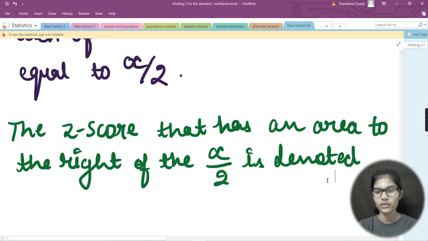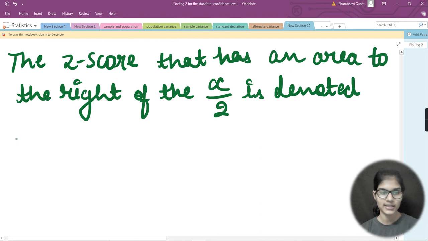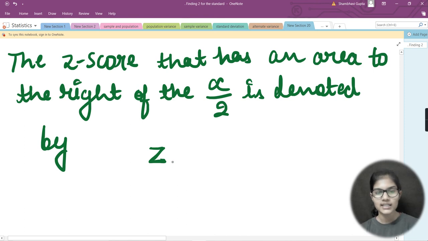We have a denotation for all of these things, a particular symbol that differentiates each and every concept here. So the Z score that has an area to the right of alpha by 2 is denoted by Z, and just below that, in the subscript, you will write alpha by 2.